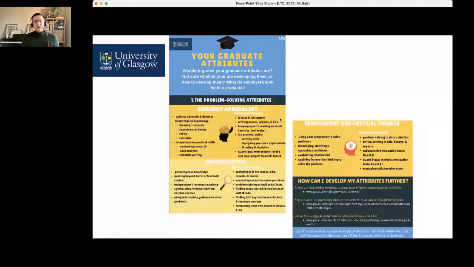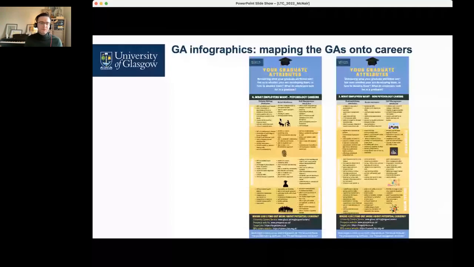We then also had 2 separate infographics that map the graduate attributes onto specific career paths. Here's a zoom in of the first one, just to give you an idea.